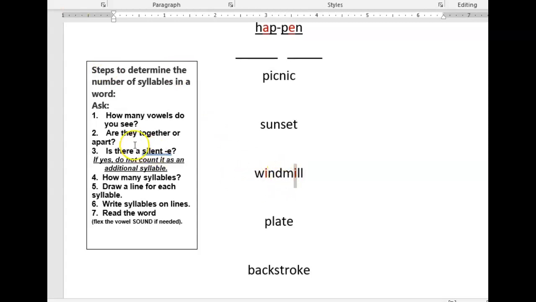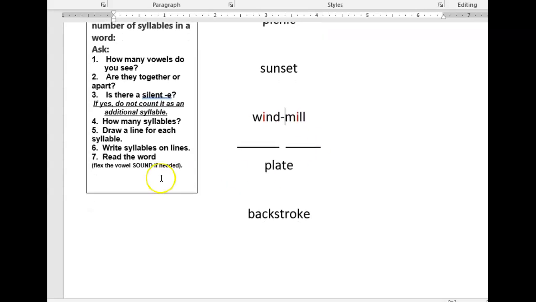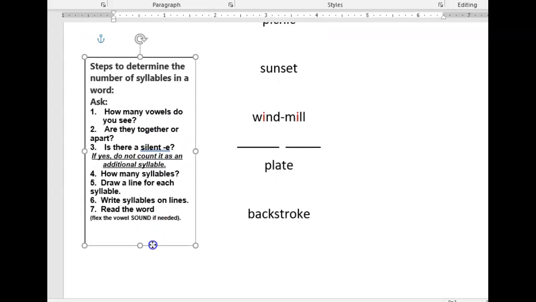And so we ask, is there a silent E? And there is not. So we're going to, again, draw two lines, and we would have students write on these two lines to divide the syllables. And so the first syllable in this word would be wind, and the second syllable would be mill, and the word is windmill.